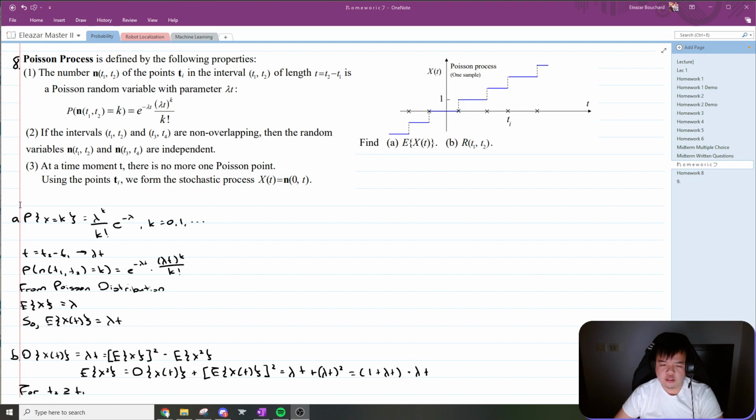So we write out the probability of X equals k. That's equal to lambda to the k power over k factorial times exponential of minus lambda, where k equals 0, 1, all the way to n, whichever.